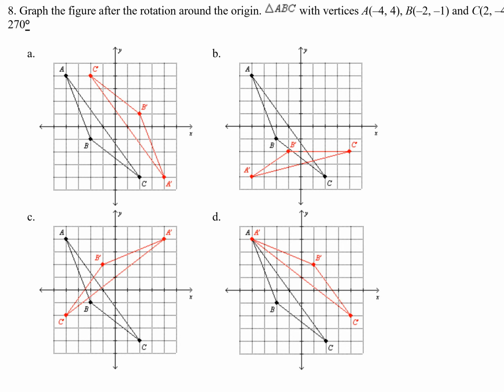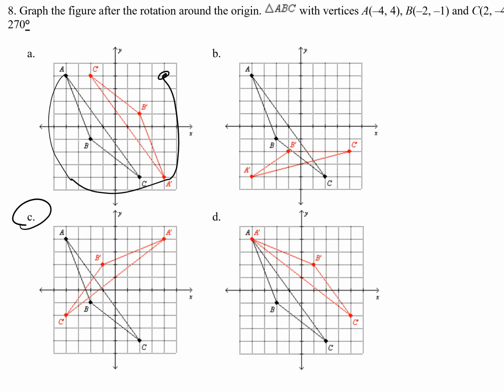So I know point A is starting here. If it rotates 270, it's got to go here and then back to here. That would be 270. So I'm thinking, without a whole lot of thought, it's probably this one, but let's check it out for sure and not make a guess, okay?